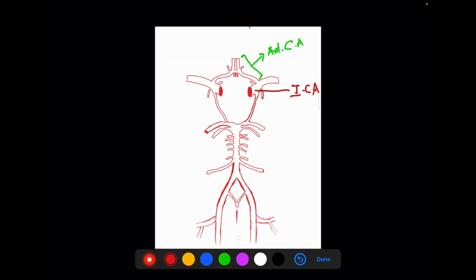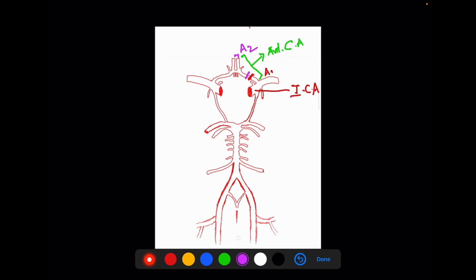and it also has two segments like the previous artery, that is posterior cerebral artery, which has P1 and P2 segment. And it has A1. This one is A1 from here to here, and from here to here this one is A2.